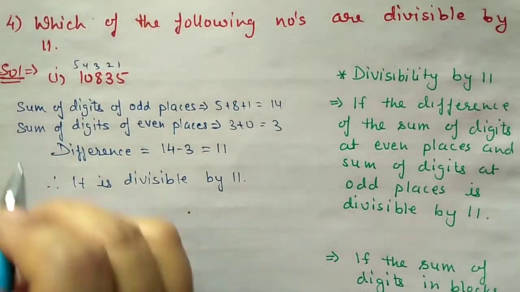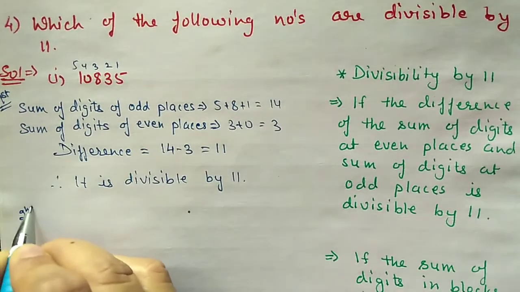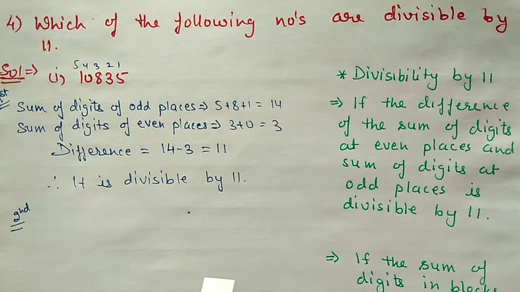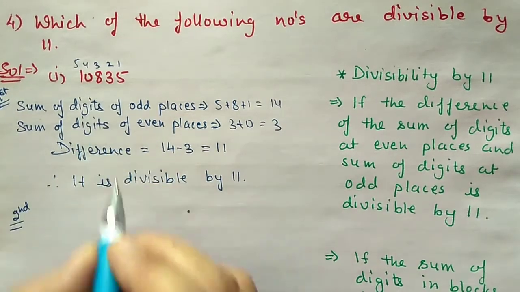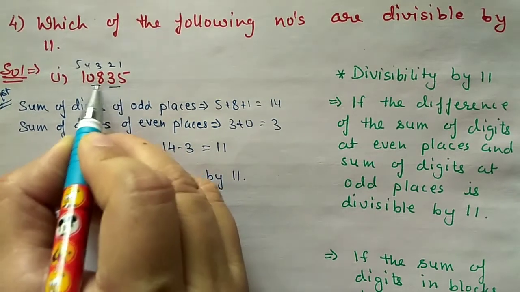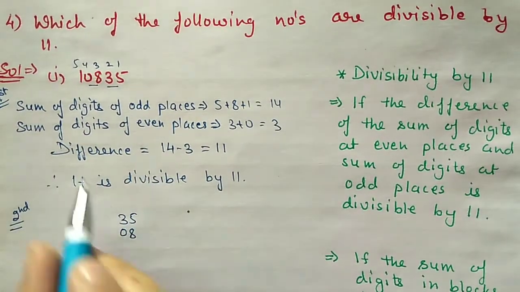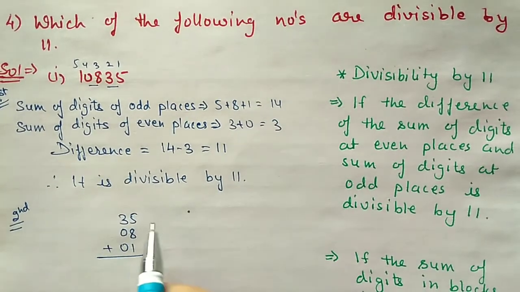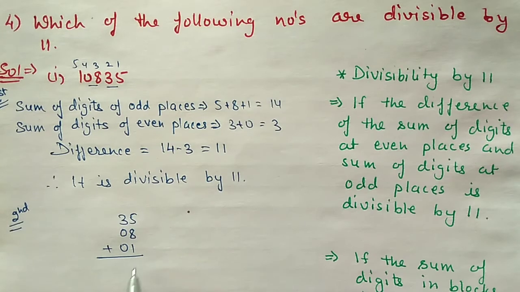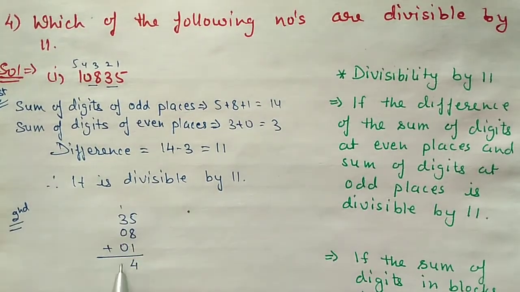This is the first method. One more method is there; you can follow any one. According to the second method, we take two digits from the last, meaning 35, these two, then these two, and then we have 0, 8, and then we have 1. So 1, we will write 01, and add. 5 plus 8 is 13, plus 1 is 14, 1 carry over, then 3 plus 1 is 4.